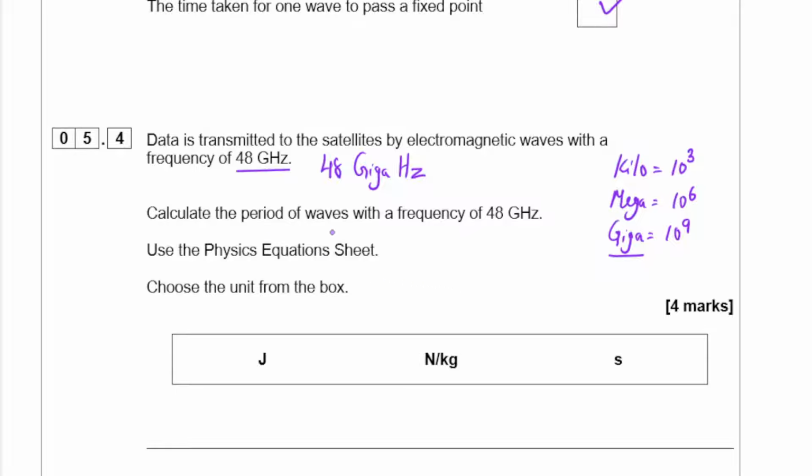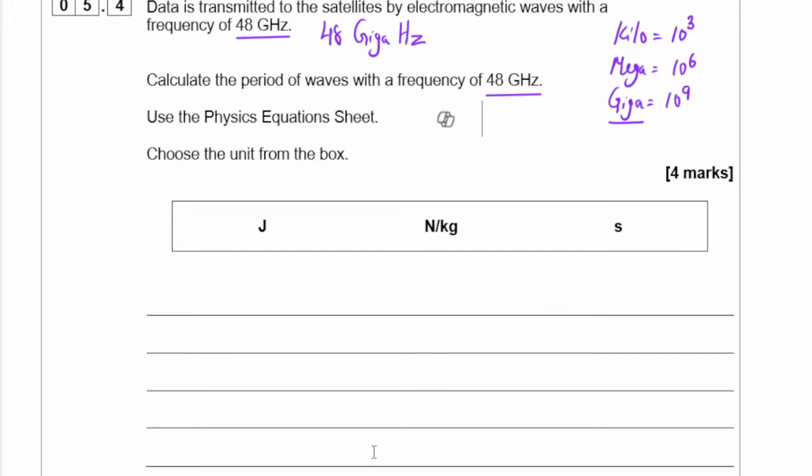Calculate the period of waves with the frequency of 48 gigahertz. Use the physics equation sheet. Now in the physics equation sheet, you will find the equation time period, which is capital T, equals 1 over f, for frequency. Now 1 divided by 48 gigahertz.